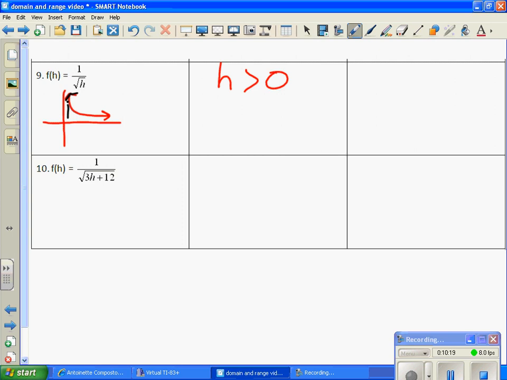So now we can't have 0 and we can't have a negative. So when you're trying to solve these, you're going to set your denominator to greater than 0. Similar to the previous one, but only now you're in a fraction, so it cannot be 0. It cannot be equal to 0. It would make your fraction undefined.